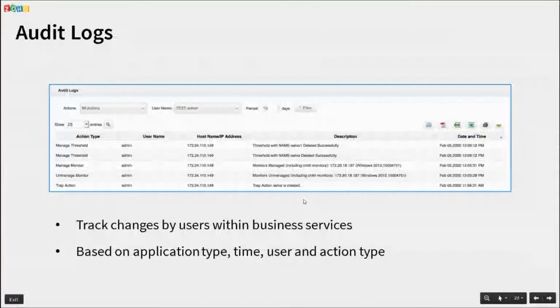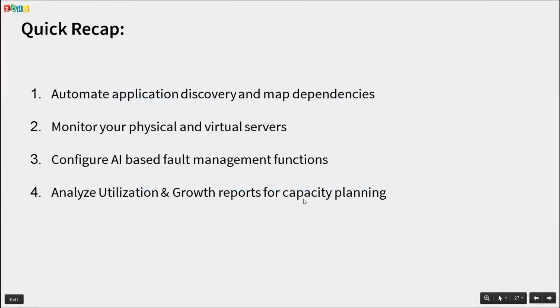Now coming back to the UI, let me quickly give you a recap of what we have discussed so far. Right in the beginning, we saw what Applications Manager is capable of in terms of its huge monitoring options, where we discussed in detail the discovery as well as the dependency options, followed by monitoring of physical as well as virtual infrastructure, where we had a look at one of the key business metrics.